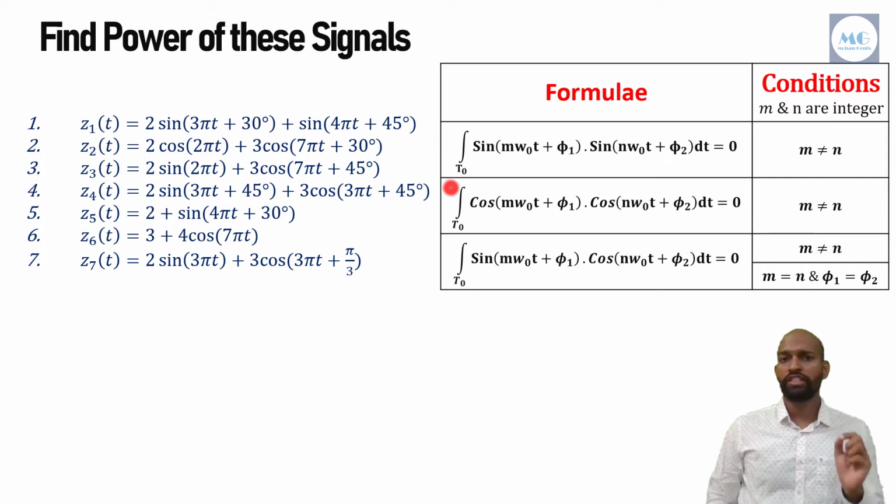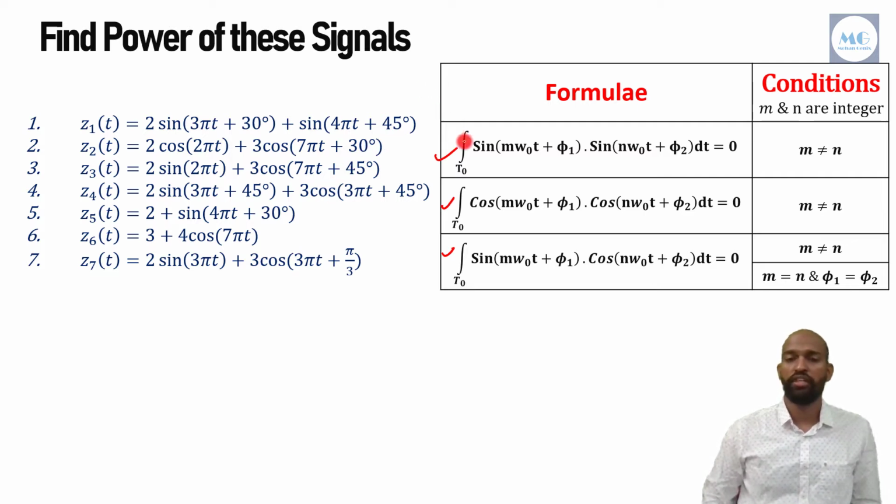We have used the concept of orthogonality and these three formulas to solve the power of these four trigonometric functions. Now I will take all of your focus to these formulas. Let's see them one by one.